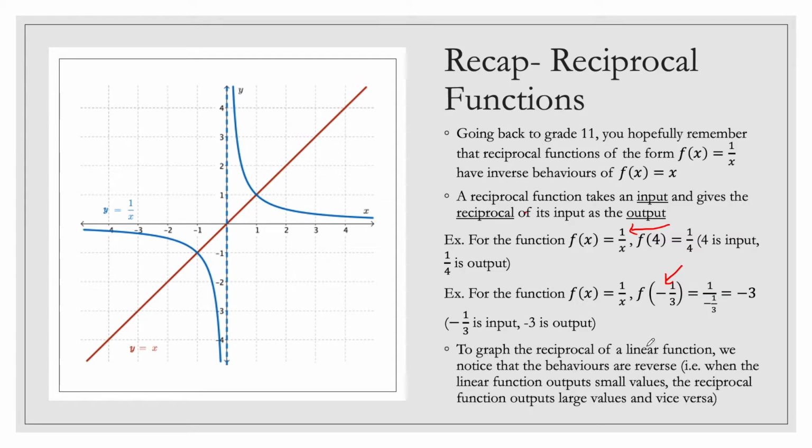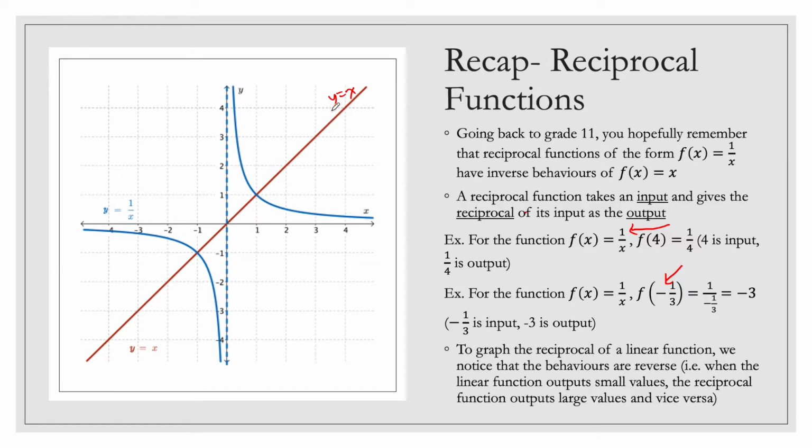As already mentioned, we can graph the reciprocal of a linear function by simply noticing that the behaviors will be reversed. What I mean by this is that in the linear function, which is the red one right here, for y is equal to x, as the values get larger, the reciprocal value becomes smaller.